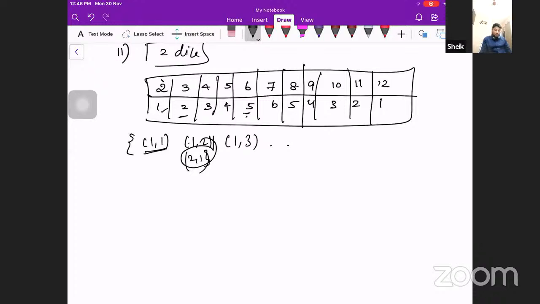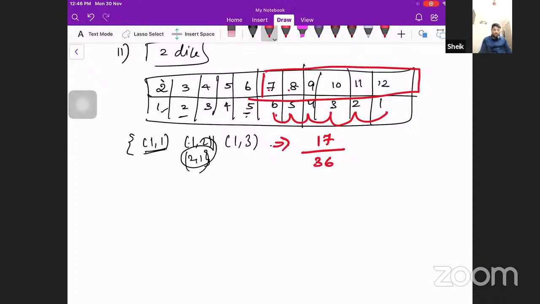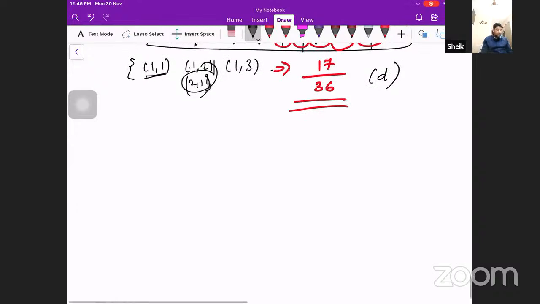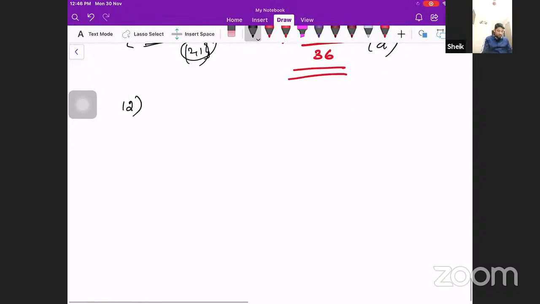So 17 divided by the total number of outcomes, which is 36. Therefore our answer is 17 by 36, option D. Fine. Now, sum number 12.